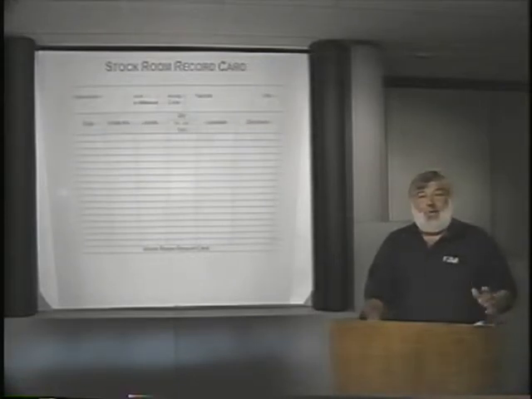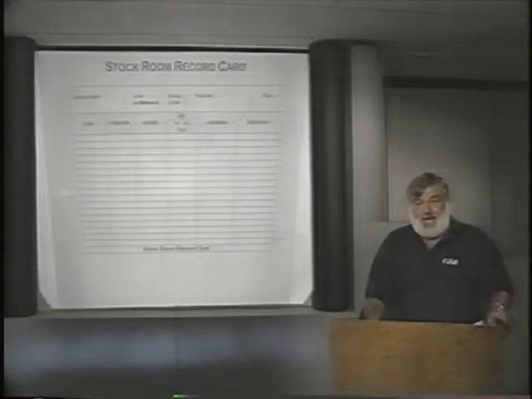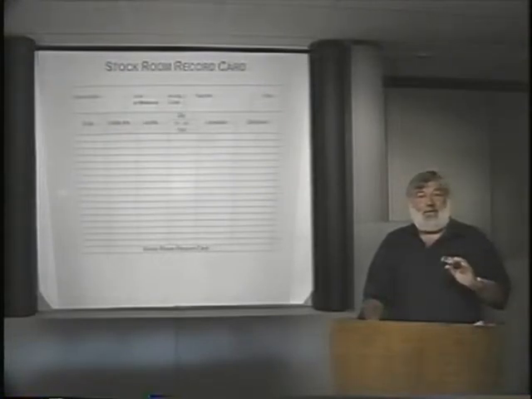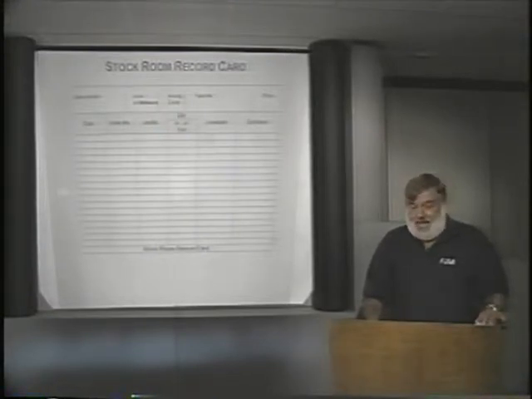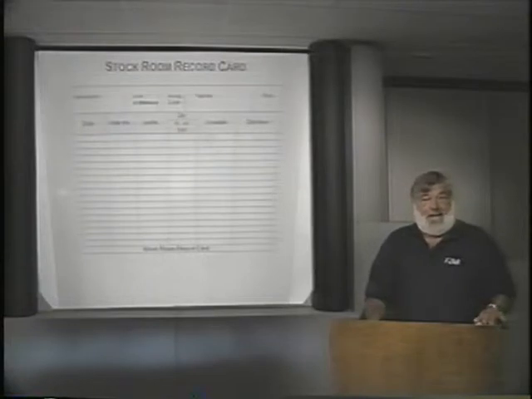And here, again, all we do is indicate whether it's a receipt with a plus sign and an issue with a negative sign. And we also keep the location record up to date until that location goes to 0 bin on hand. And then the last column on the right-hand side is the on hand.